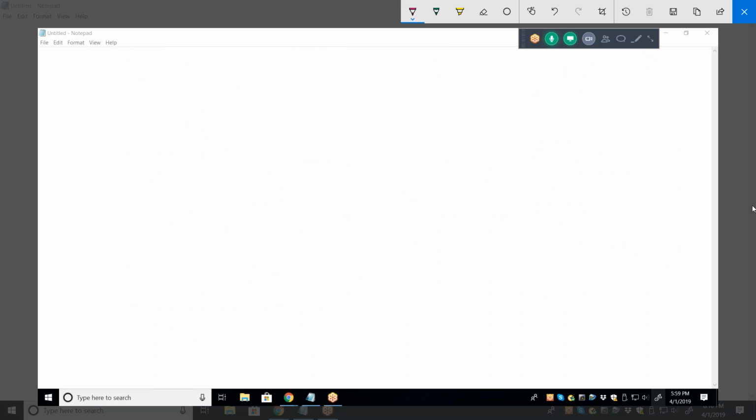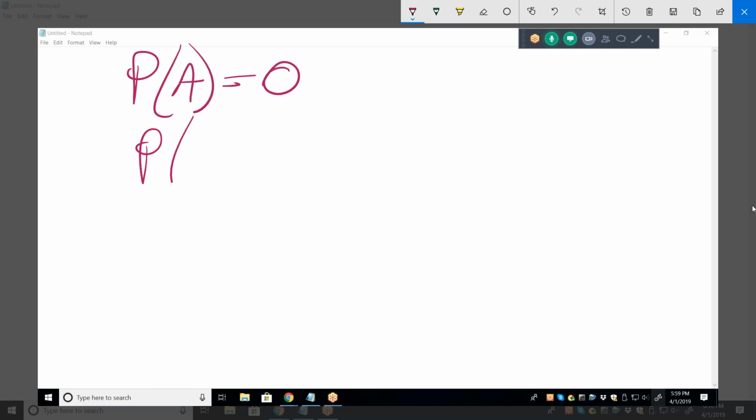Okay, so it says the probability of A is 0, and we're supposed to find A prime. Okay. A prime being the probability of no A. It's got to be 1. Oh, because it has to add.